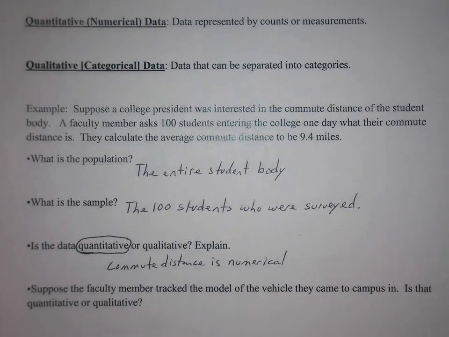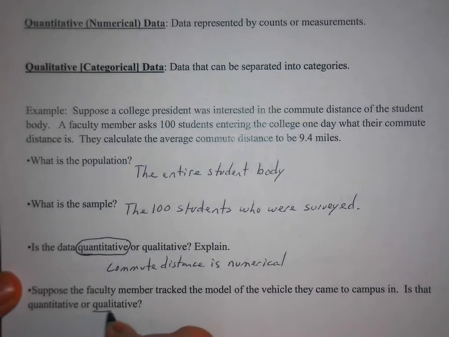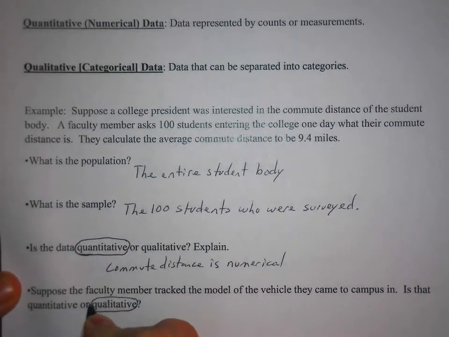Okay, suppose the faculty member tracked the model of the vehicle they came to campus in. Is that quantitative or qualitative? Well, the model of a vehicle could be asking if they drive a Ford, a Chevrolet, a Nissan, a Hyundai, Toyota. Those would all be models of vehicles, so you would organize those as qualities or categories.